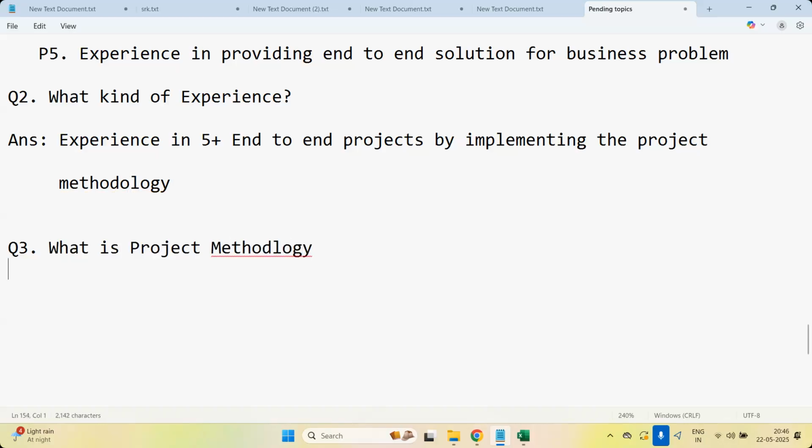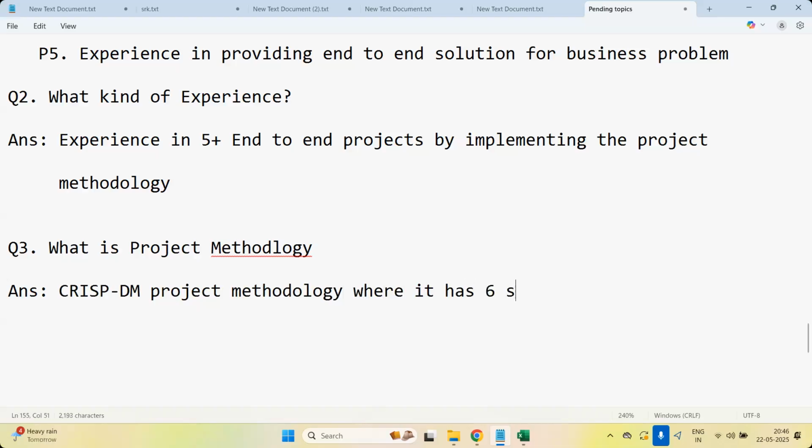I'm going to say CRISP-DM project methodology. I have implemented CRISP-DM project methodology. Okay. Up to here only I will tell you. Now, it has 6 steps.